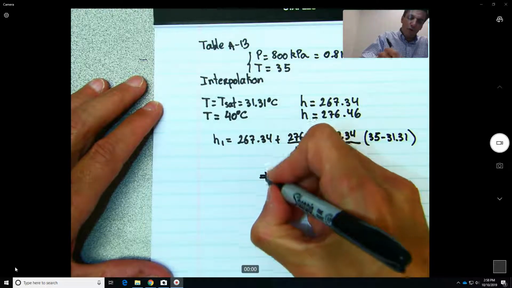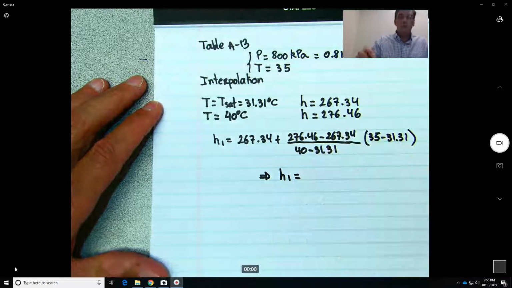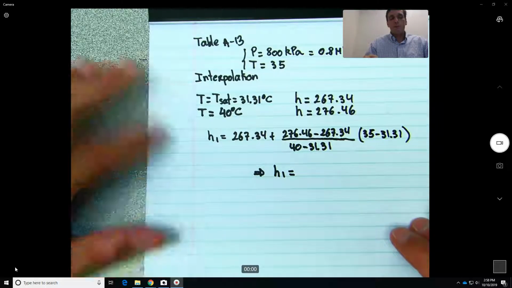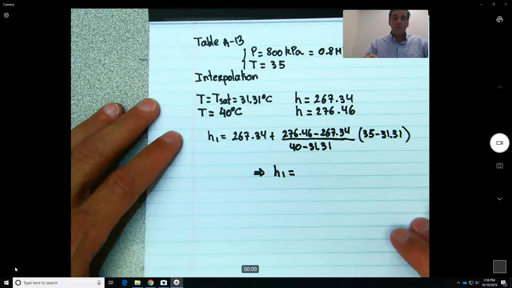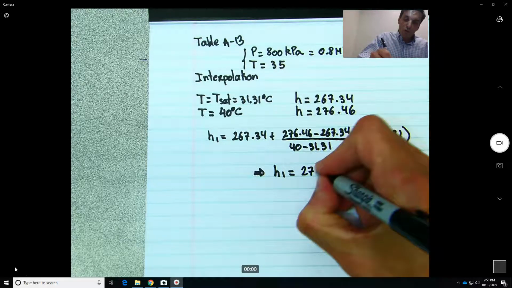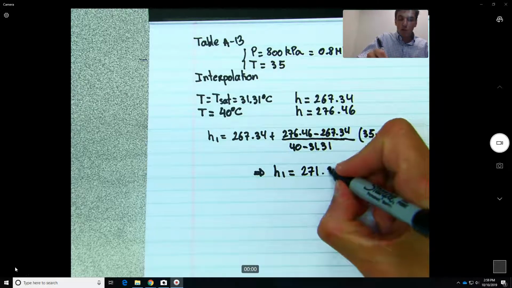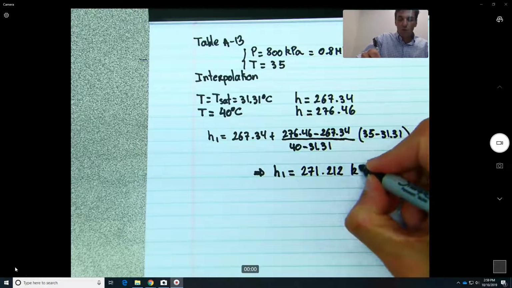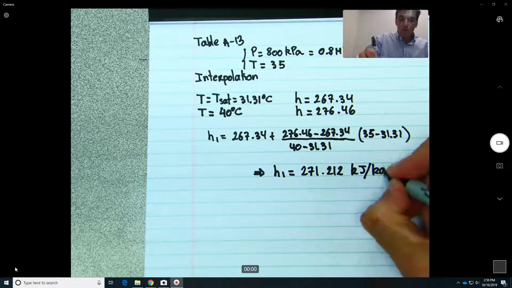Again, go back to the videos and you should find one about interpolation. I don't want to spend too much time over here because then it will make the video too long. Okay, so this is equal to 271.212 kilojoules per kilogram.